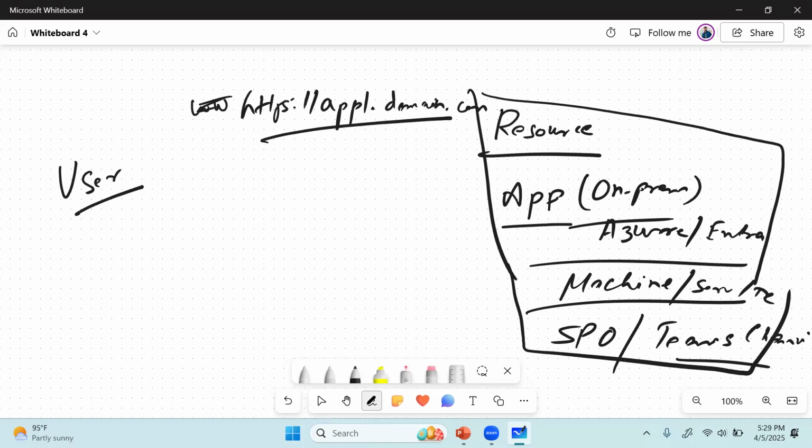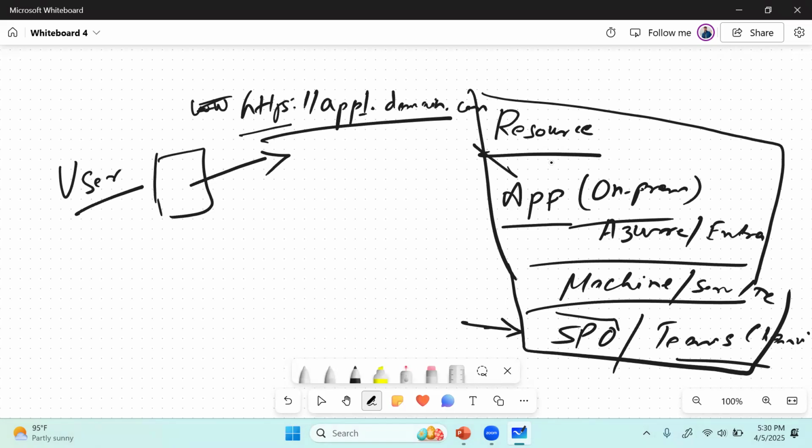If a user wants to access this application, is it secure enough? Is it okay if we leave it open, so that any user just opens his browser, goes to this URL and is able to access all the components of this application? Or if we talk about a SharePoint site, any user goes to the SharePoint URL and is able to access all the files there, or any mailbox, just as it is.